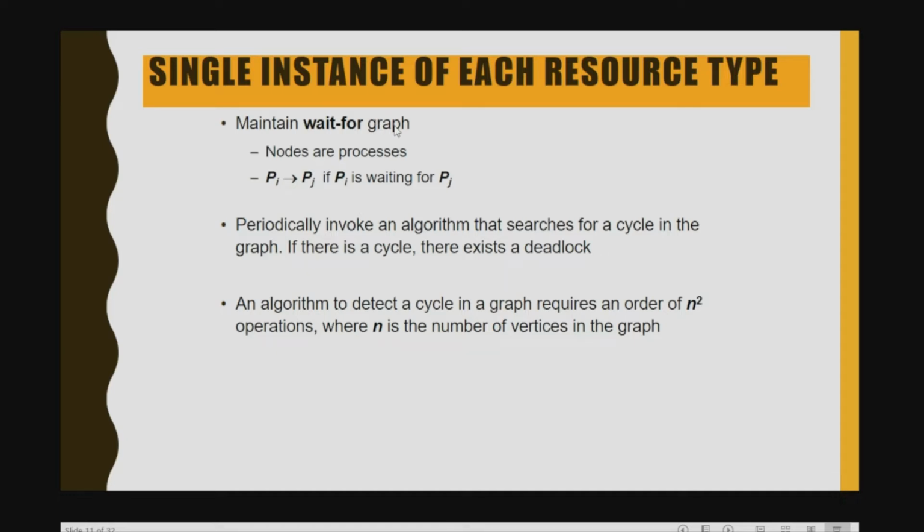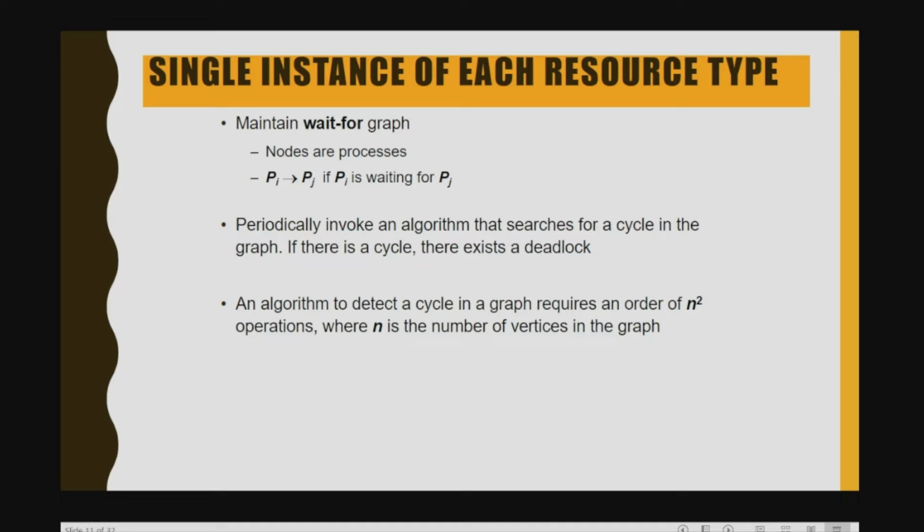Before this, we learned about the resource allocation graph. In the previous graph, we have processes and we have the resources. In the wait-for graph, we only have the processes. Periodically we invoke an algorithm that searches for a cycle in the graph.